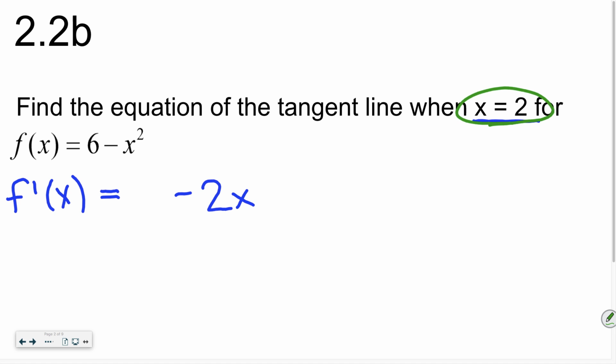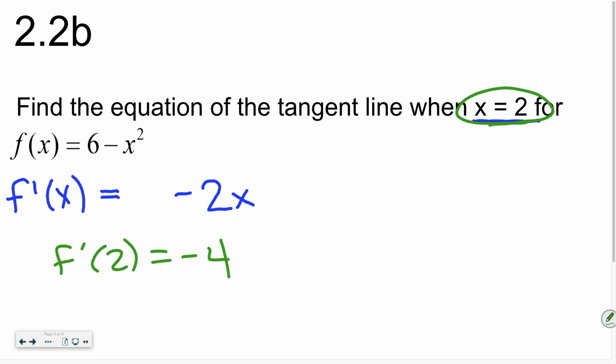Since we want the tangent line at 2, let's find the derivative at 2. Negative 4. Okay. Turner, how do we get the coordinate? We plug back in our value for f of x.